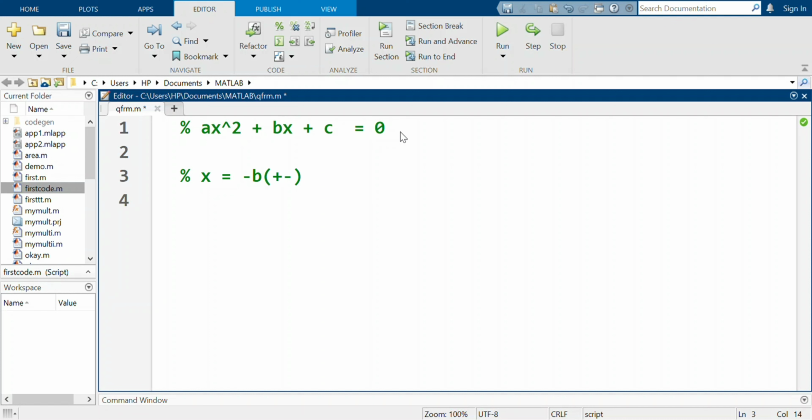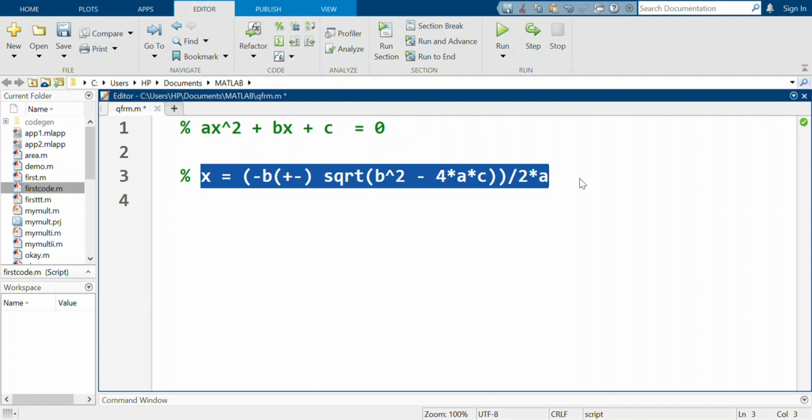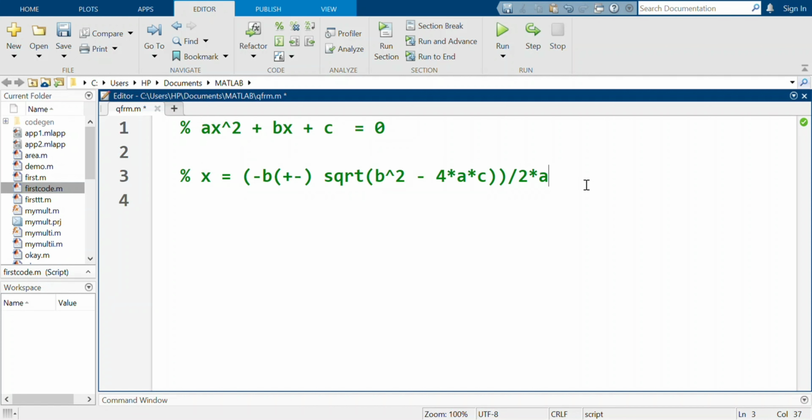So minus b plus or minus the square root of b squared minus 4 times a times c. And the whole line, let's close it, the whole line over 2 times a. So this is the formula that finds the roots of a quadratic equation.